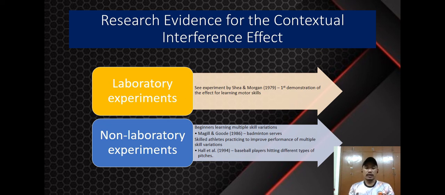Next, we go to non-laboratory experiments. For beginners learning multiple skill variations, there is Goode and Magill, 1986, which is a badminton serve.